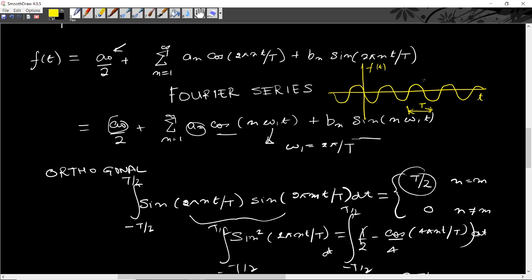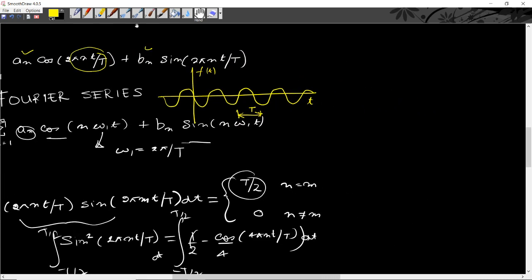Now the same function, if I try to represent in terms of the different frequencies, then I have again an infinite number of coefficients a naught, an, bn, where n goes from 1 to infinity. But rather than having a function defined at an infinite number of times, even though I have an infinite number of frequencies, these are a countably infinite number of discrete frequencies.